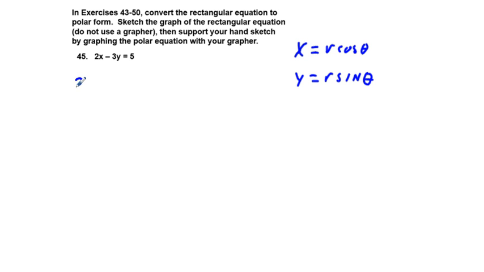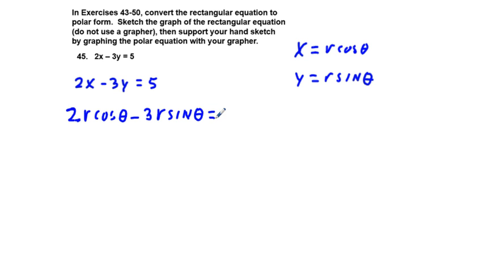We're going to replace 2x with 2 r cosine theta, minus 3, and y is replaced by r sine theta, and that's going to be equal to 5.